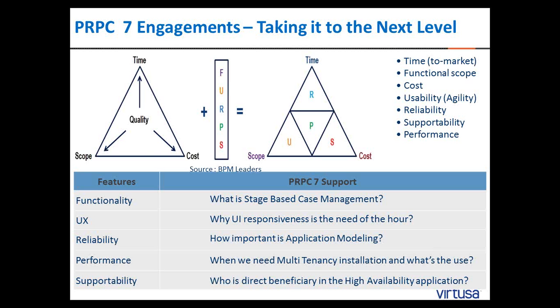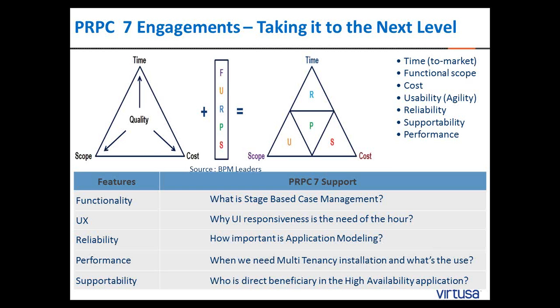Similarly, supportability, like whether the application is for multi-node or a single node, or it's high availability, or it's for limited availability. All these features were earlier a headache to a developer, because they had to think through these features while developing the applications.